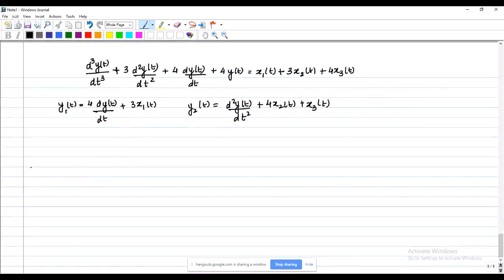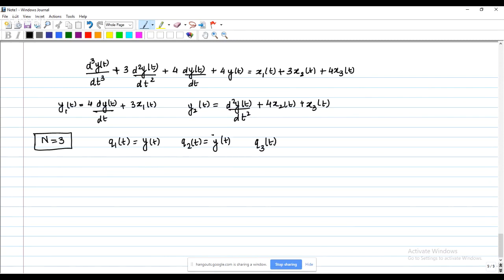Now what is the order of the equation? The order of the equation is 3, so we have n is equal to 3 again. So we will have q1 of t, which will be equal to y of t. Then we have q2 of t, which is equal to y dot of t. Then we have q3 of t, which is y double dot of t.